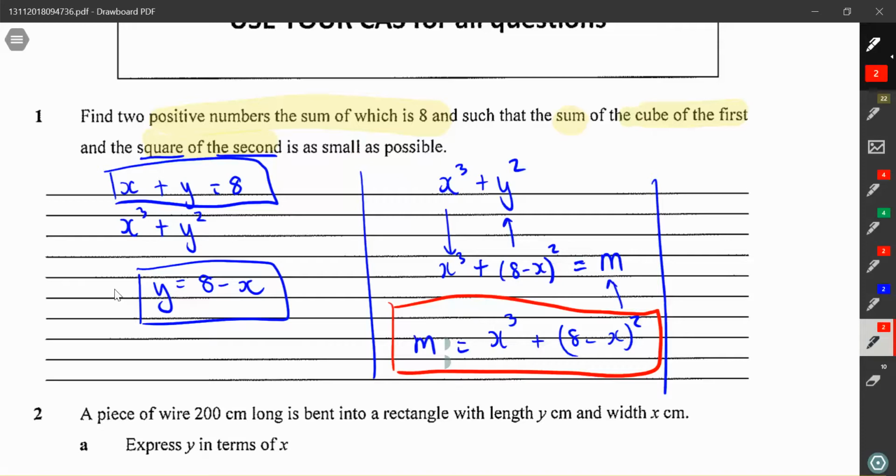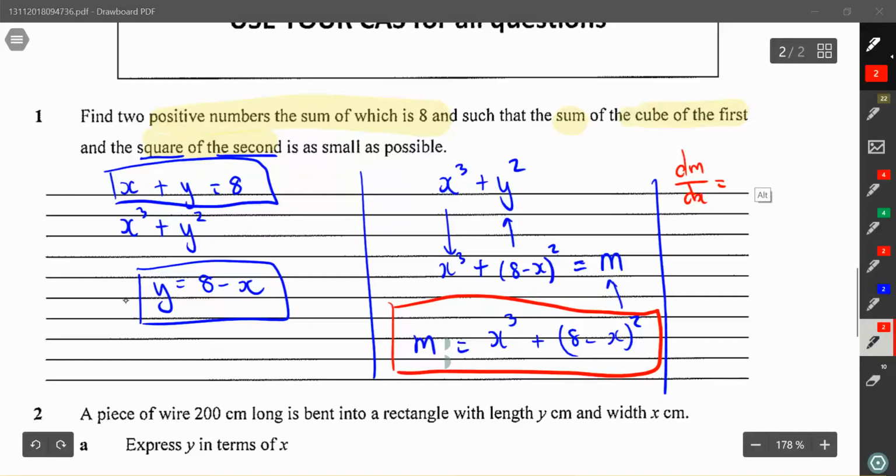So if I go back here, what I just did was I said dm dx. I found the derivative, and we had dm dx as 3x squared plus 2x minus 16. Then I said solve for it to equal 0, and I got my answer as x equals negative 8 on 3 or x equals 2.